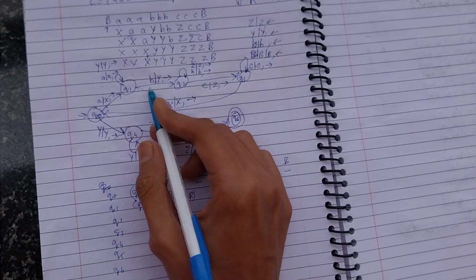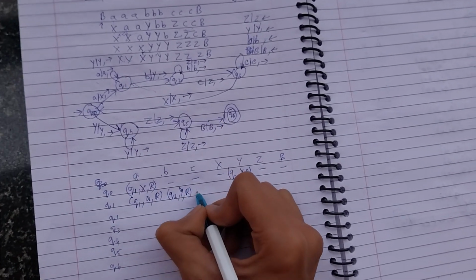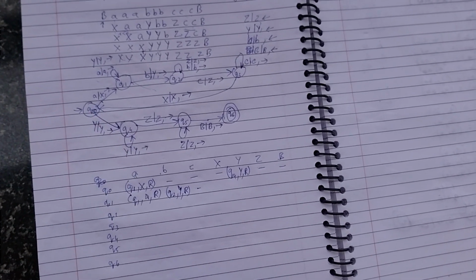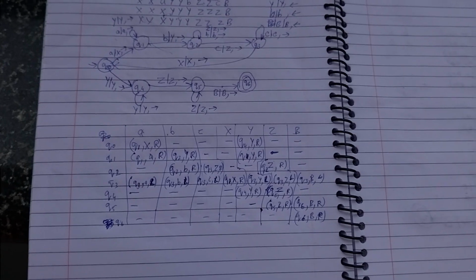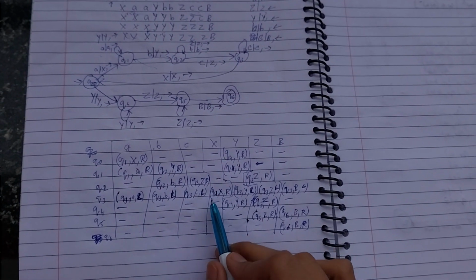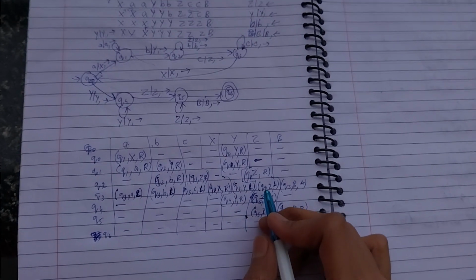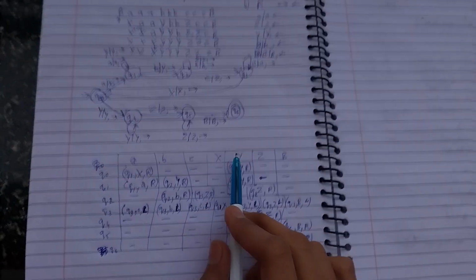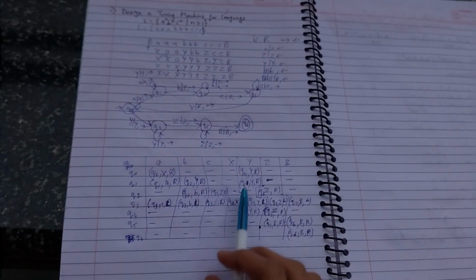And when I'm in Q1 and I'm getting C, nothing. This is not acceptable. This way you can fill all the values. And here is how I filled the table, all the values. Sorry for the misconception. I need to do the columns and do it properly, but you need to write it in this manner, so you can solve in this way.